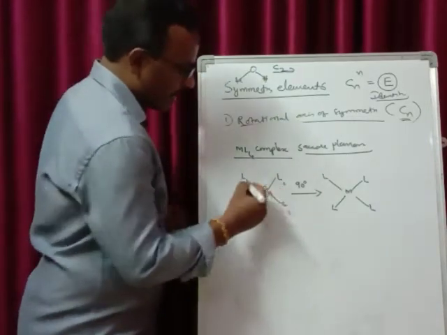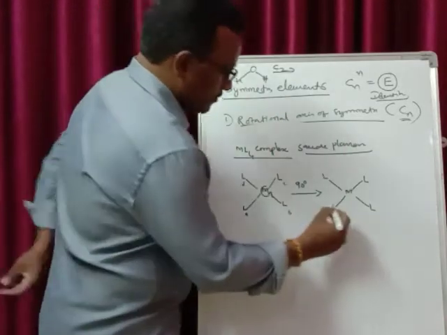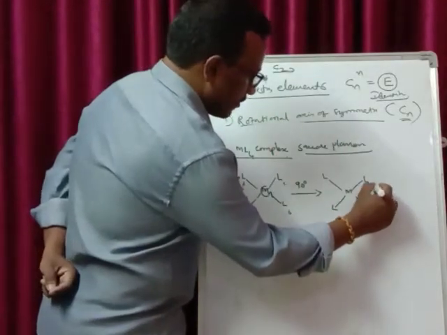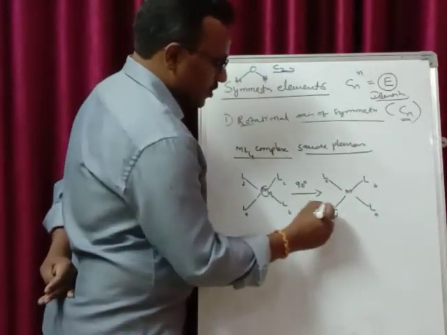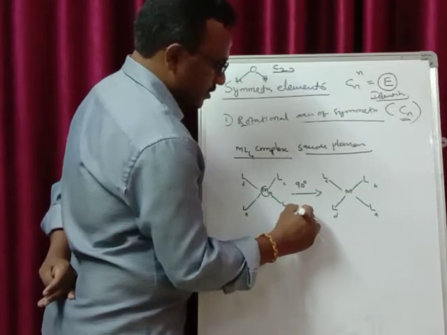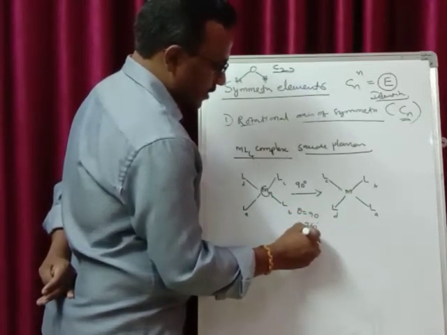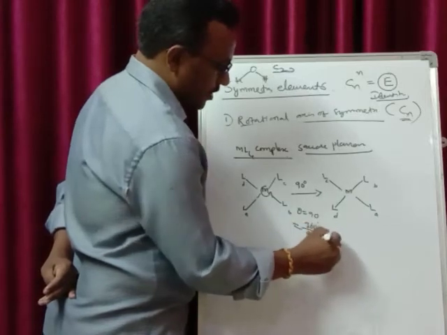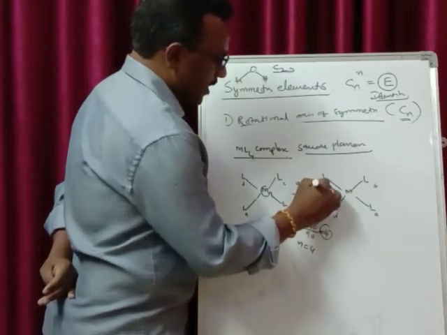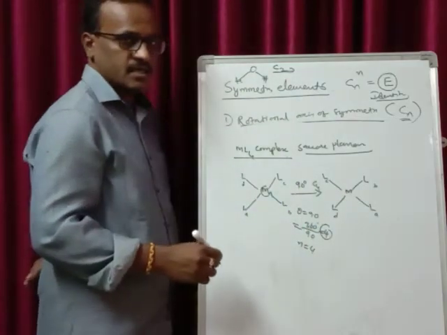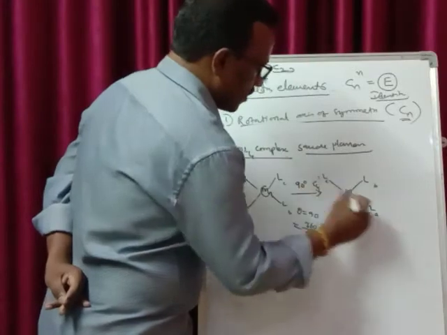Now, since in square planar all the sides are at equal distance, since it is rotated by 90 degrees, the angle of rotation is 90, so it becomes 360 by 90, which is 4. So the value of n is equal to 4, therefore we say that it has a C4 rotational axis of symmetry. This can be continued. This is C4 1.